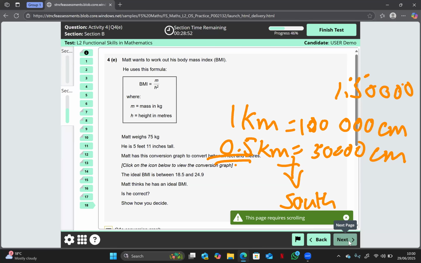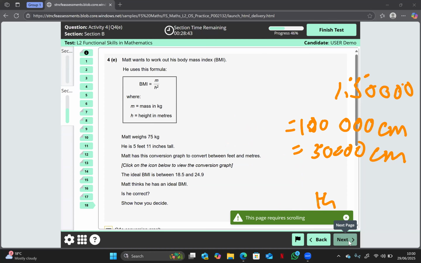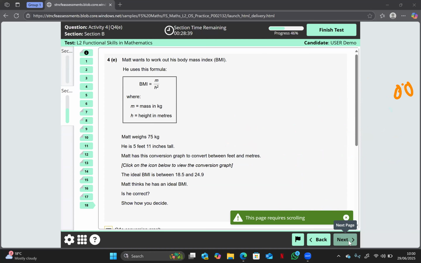The final question: Matt wants to work out the BMI, body mass index. He uses the formula m over h squared, which is mass in kilograms over the height in meters squared.